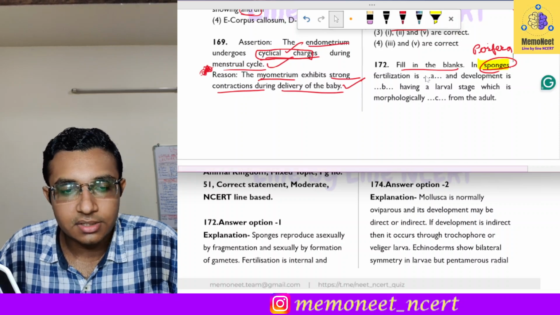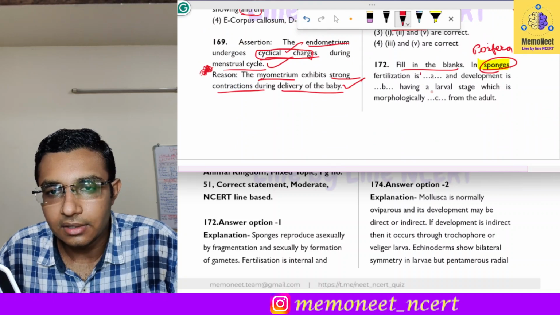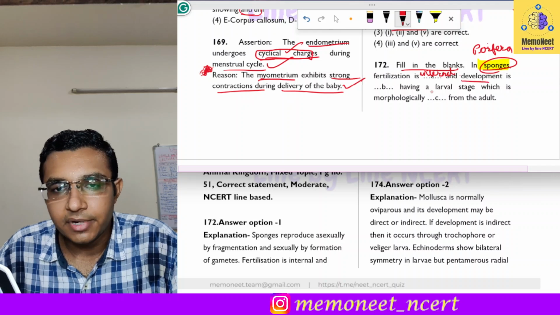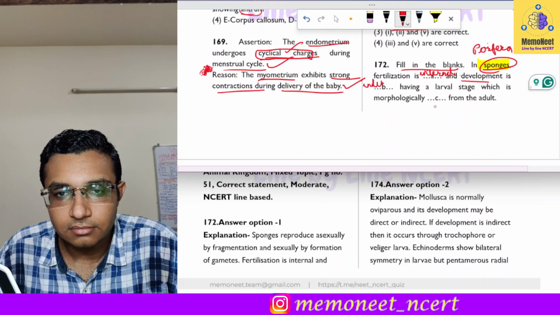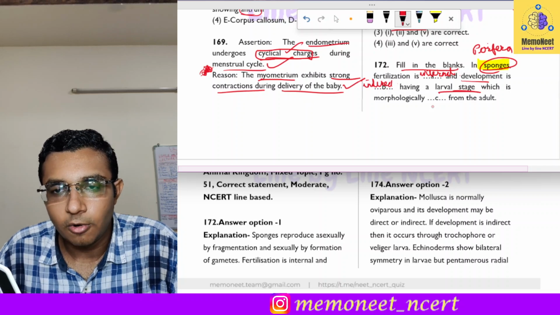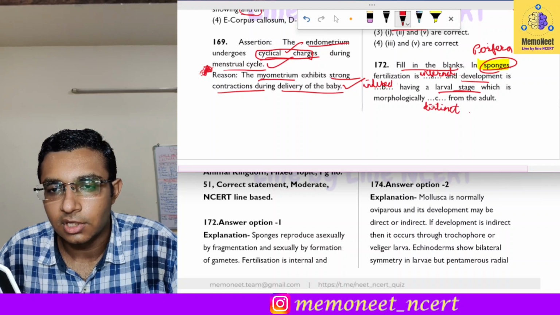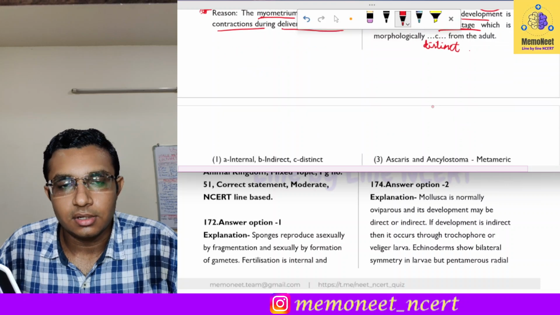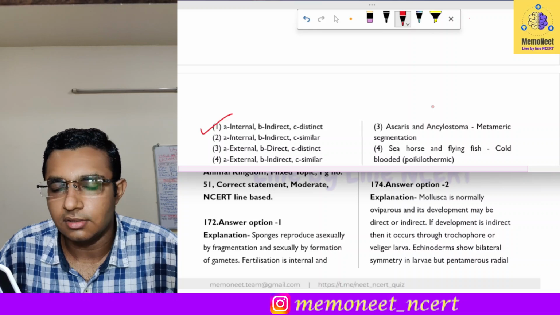In sponges, the fertilization is generally internal, and the development is indirect, having a larval stage which is morphologically distinct from the adult. So here the correct matching is in option 1. So option 1 is the correct answer of this question.